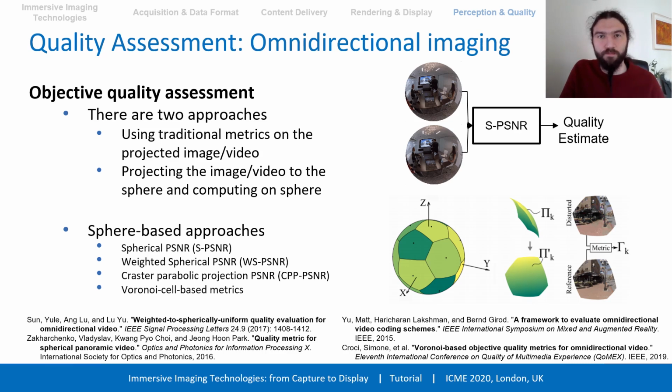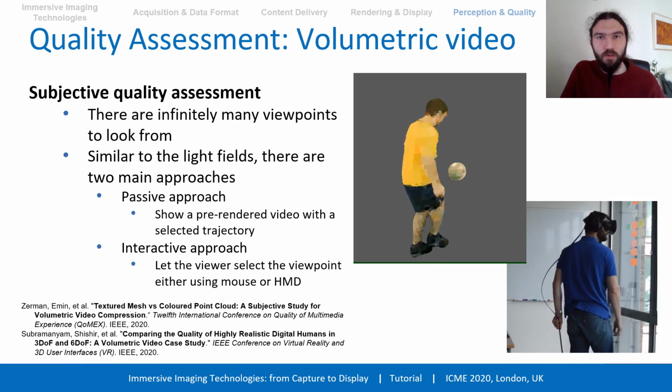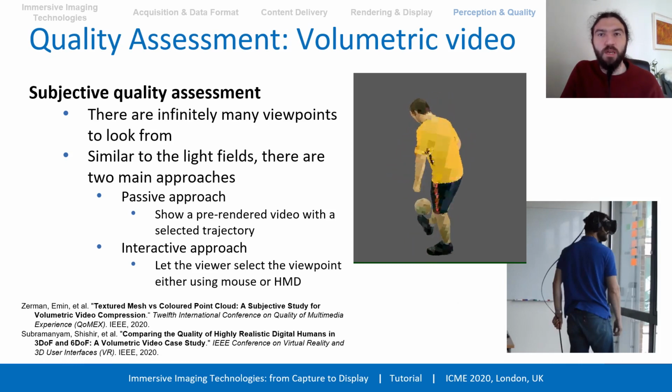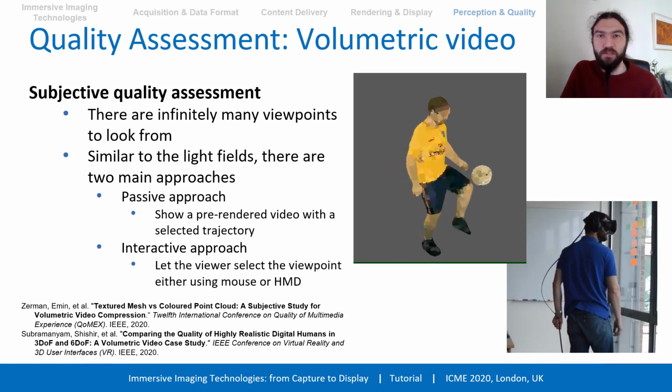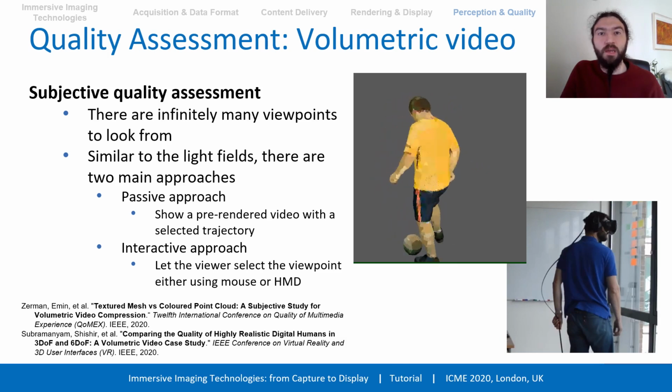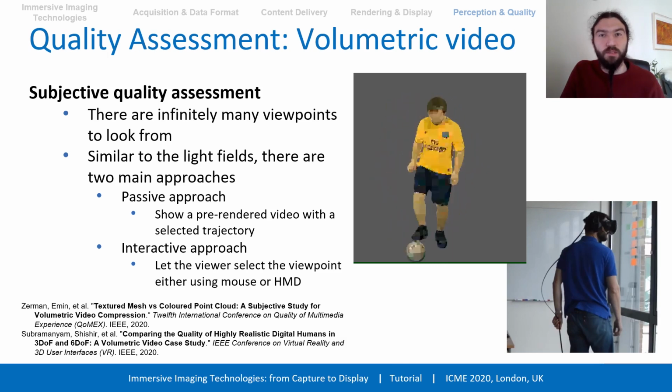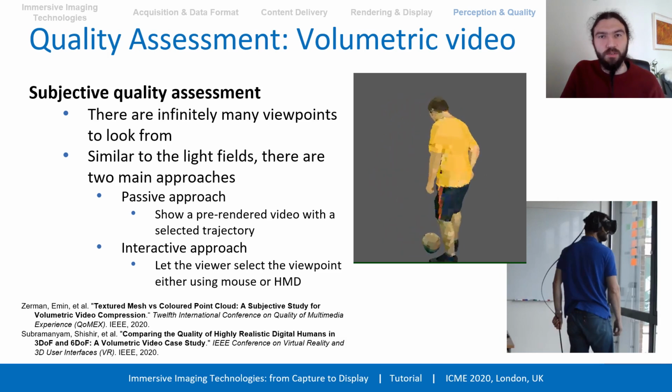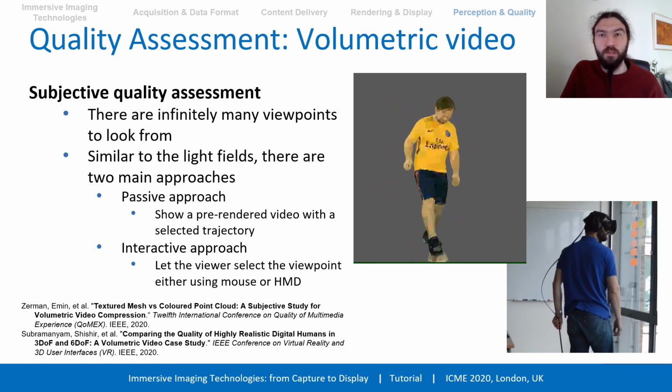For the subjective quality assessment of volumetric videos, one has to consider that there are infinitely many viewpoints to look from. Therefore, it is similar to the light fields in that sense, in terms of having a multitude of options for the viewers. Thus, similar to the light field case, there are two main approaches, passive approach and interactive approach.